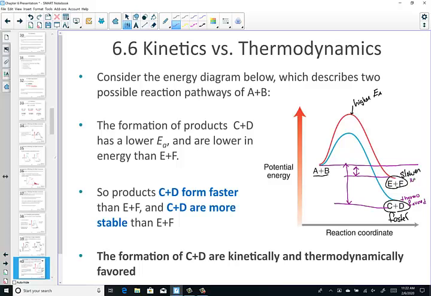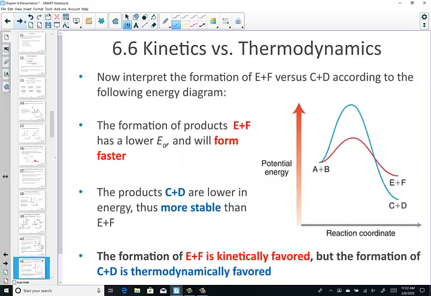And this is going to be kinetically favored because it had a lower activation energy. So it's both. I'll just put that up here, kinetically favored, because this activation energy was smaller compared to the red line.